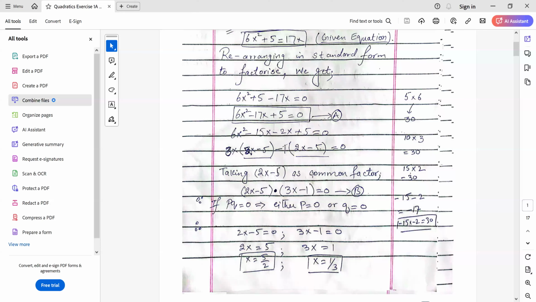This is the same example which I discussed with you now, and you can see the roots here, and here is the complete solution of the example I have solved for you.